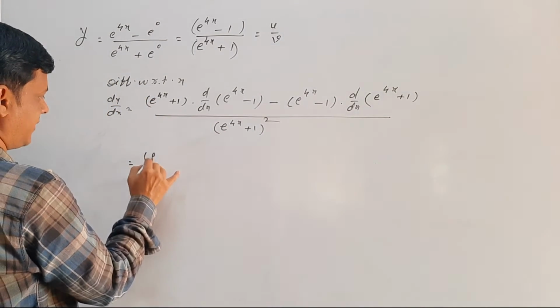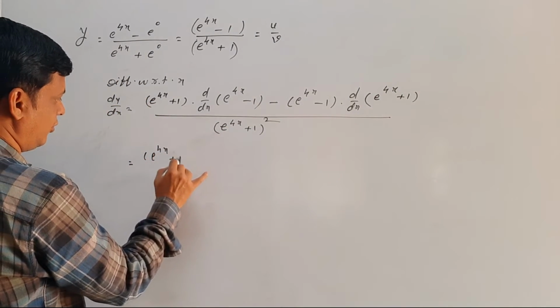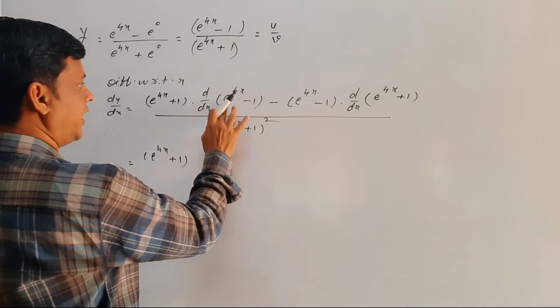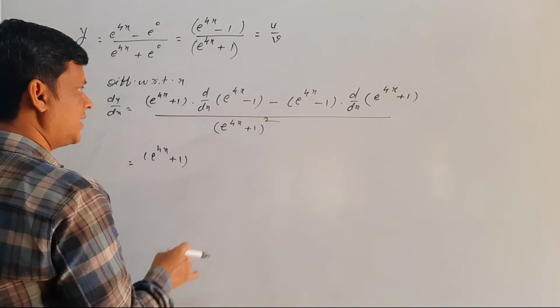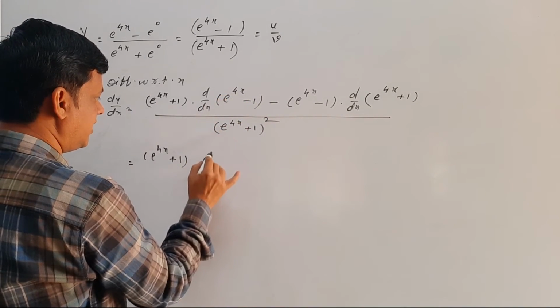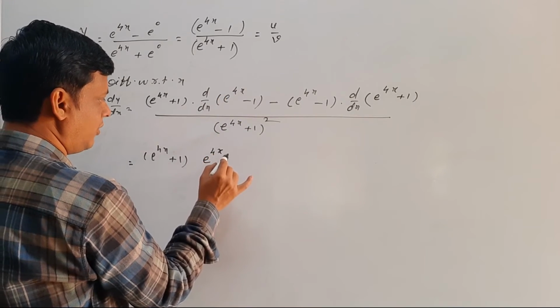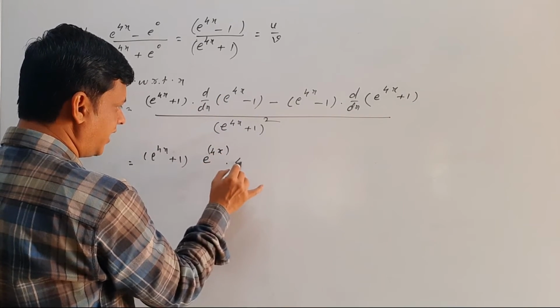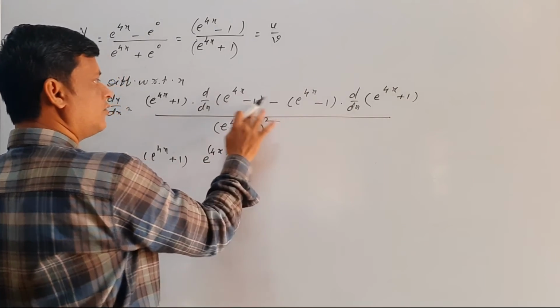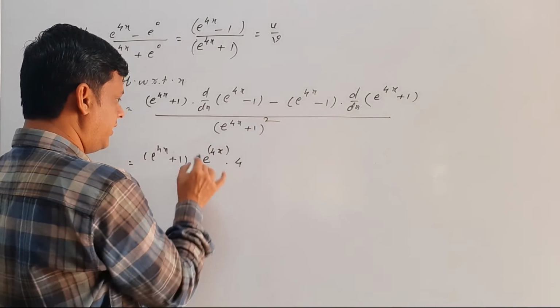So we write the first bracket as it is, e^(4x) + 1. Now the derivative of the first term minus the derivative of the second. So the derivative of e^(4x) is e^(4x) into the derivative of 4x, which is 4. This 1 is a single constant, so its derivative is 0.